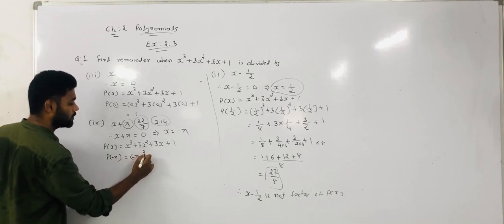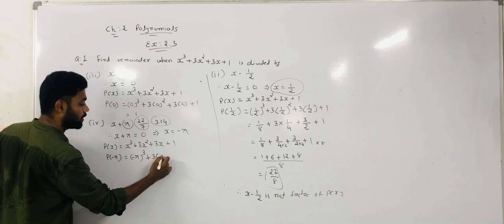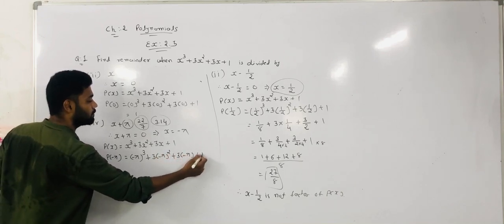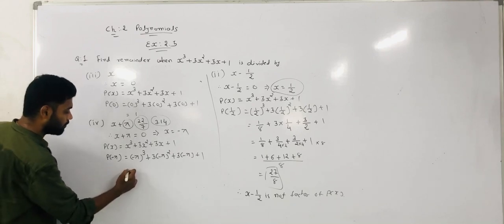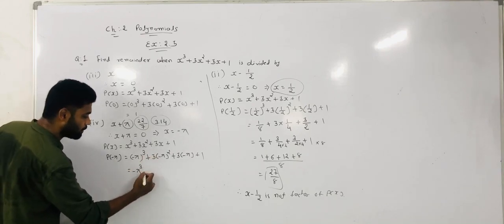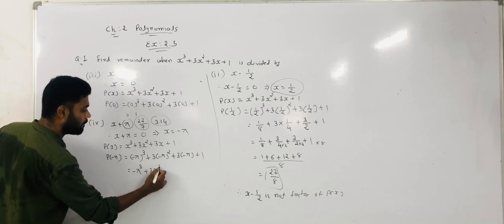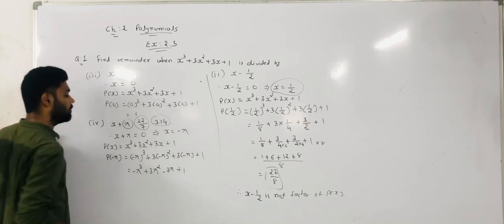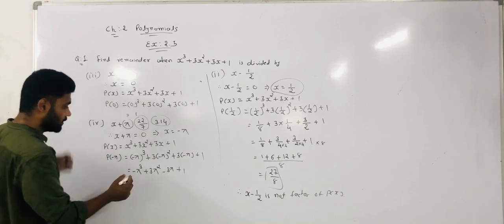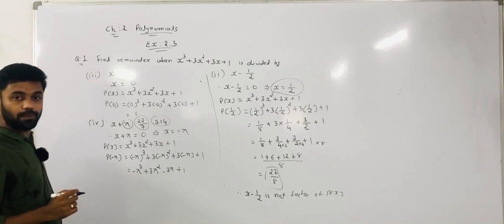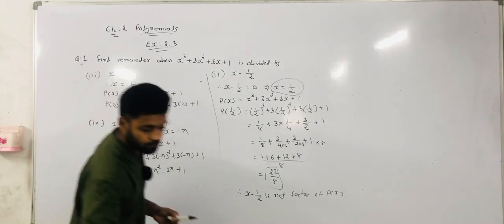So minus pi cube plus 3 into minus pi square plus 3 into minus pi plus 1. So minus pi cube, minus pi square equal to plus pi square, so plus 3 pi square minus 3 pi plus 1. So this will be your answer. This is the remainder when you divide your polynomial by x plus pi.